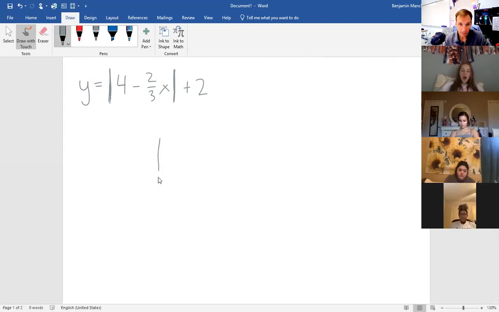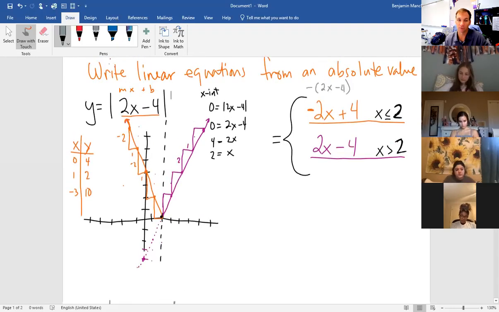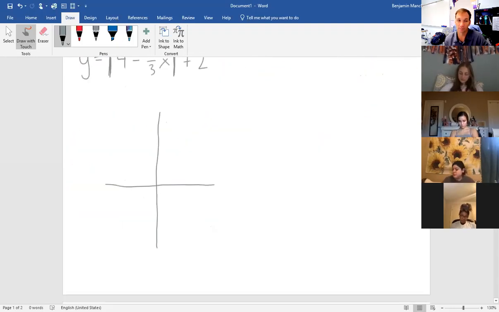So let's see if we can do a quick sketch of this one, even though it has a 2/3 slope in it. So it's a little bit different. Here we have a positive y and a negative, so let's see what happens here.